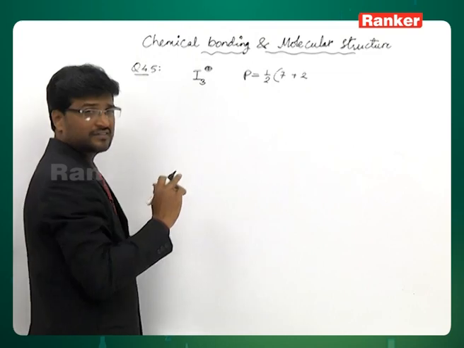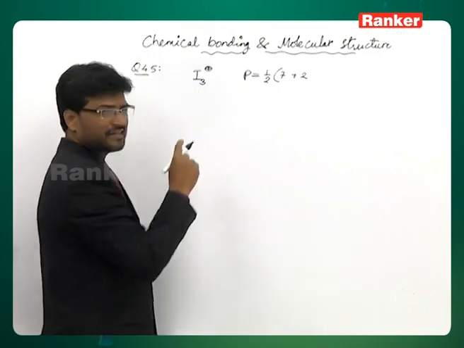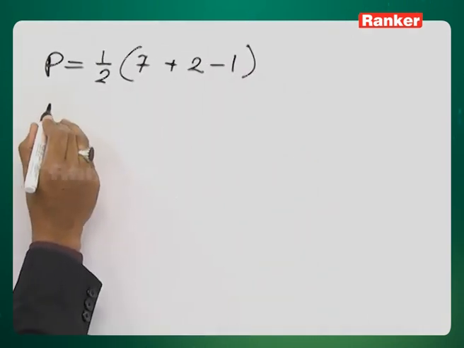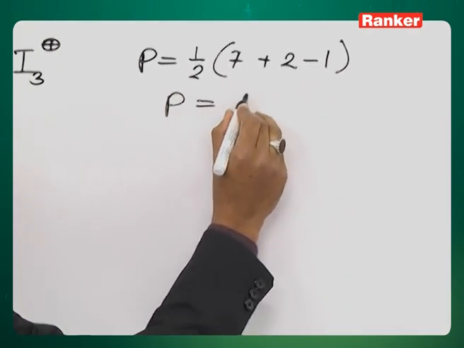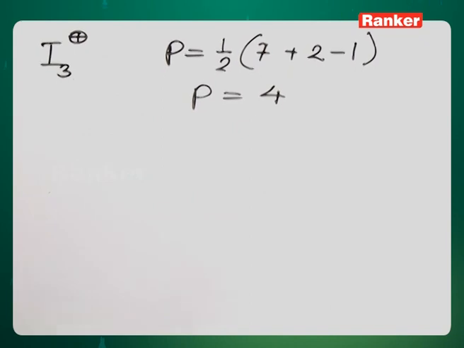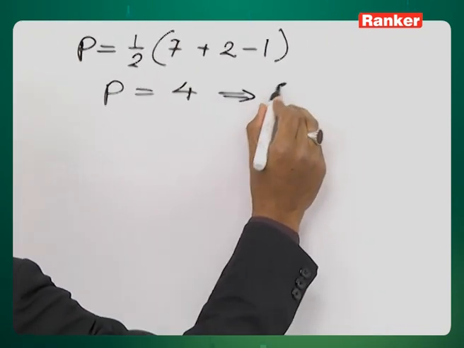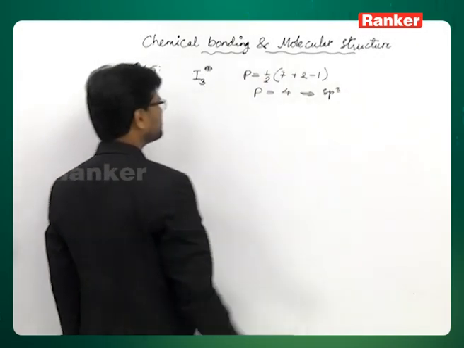One of them you take as central atom and the remaining 2 you take as surrounding atoms, and deduct 1 for the positive charge and you get P equals to 4. So, the hybridization can be therefore taken as sp3.